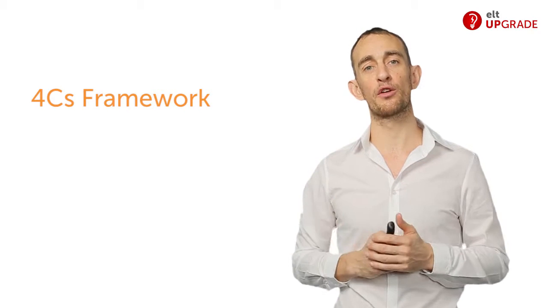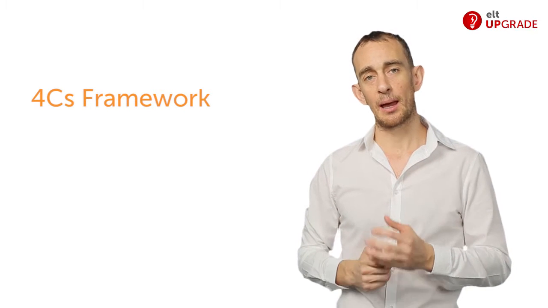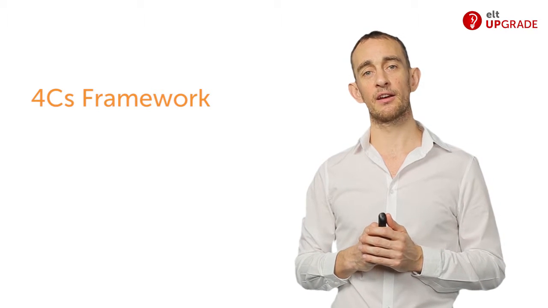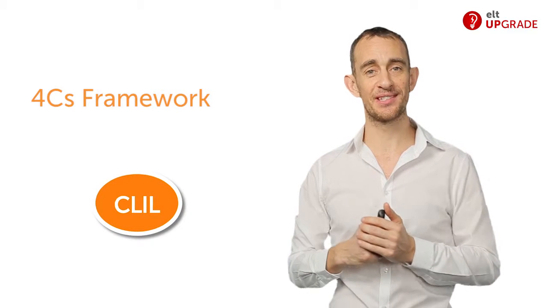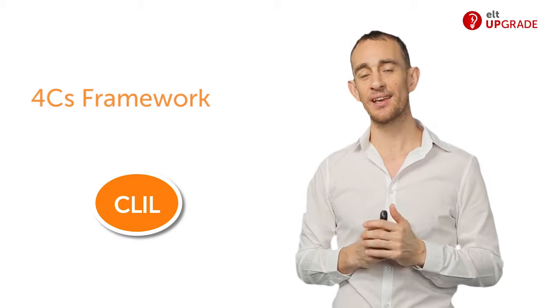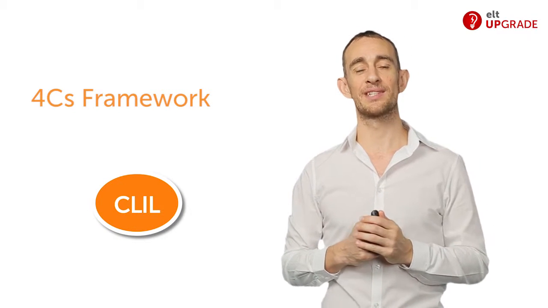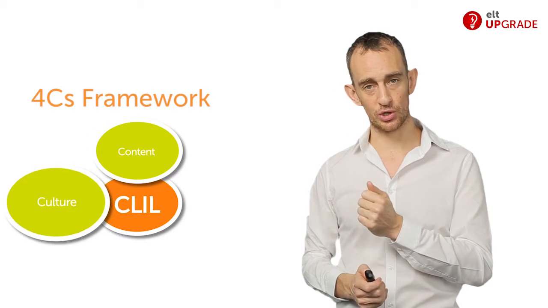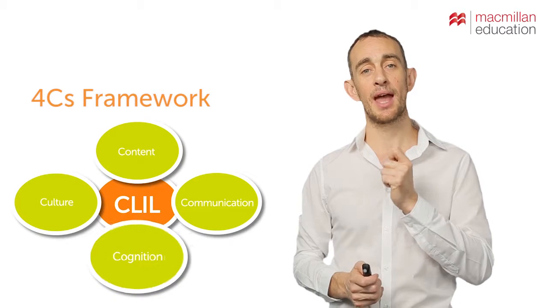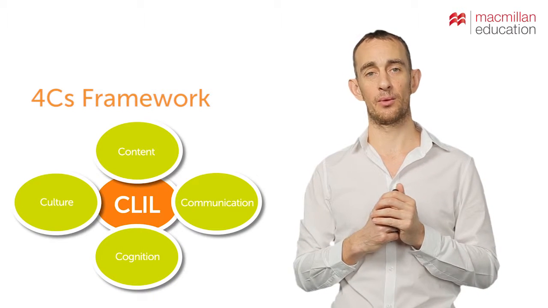framework for success. And we're going to have a look today at a 4Cs framework. Not the 21st century skills 4Cs, but the CLIL 4Cs. So standing for content, culture, communication, and cognition. Okay?